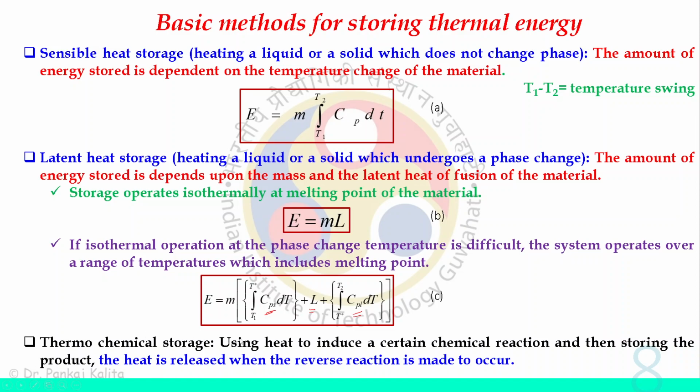Then we have thermochemical storage, using heat to induce a certain chemical reaction and storing the energy. Then the heat is released when the reverse reaction is made to occur.